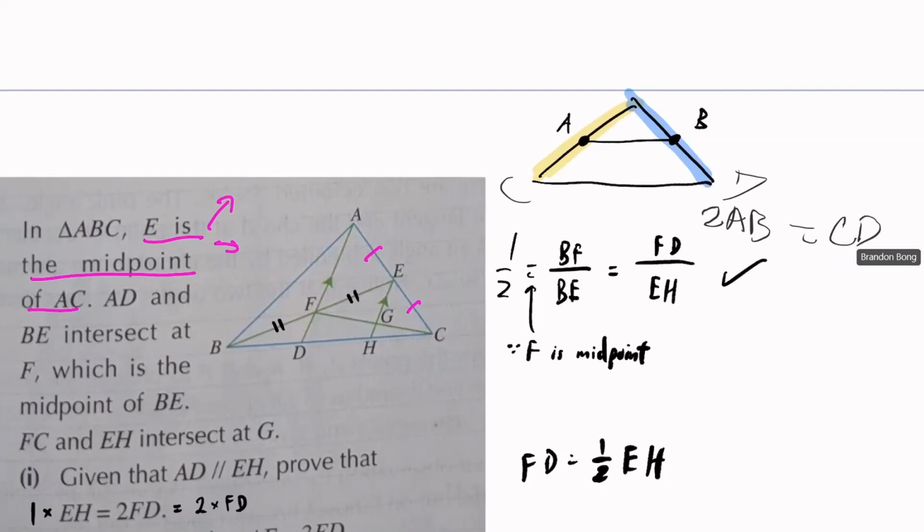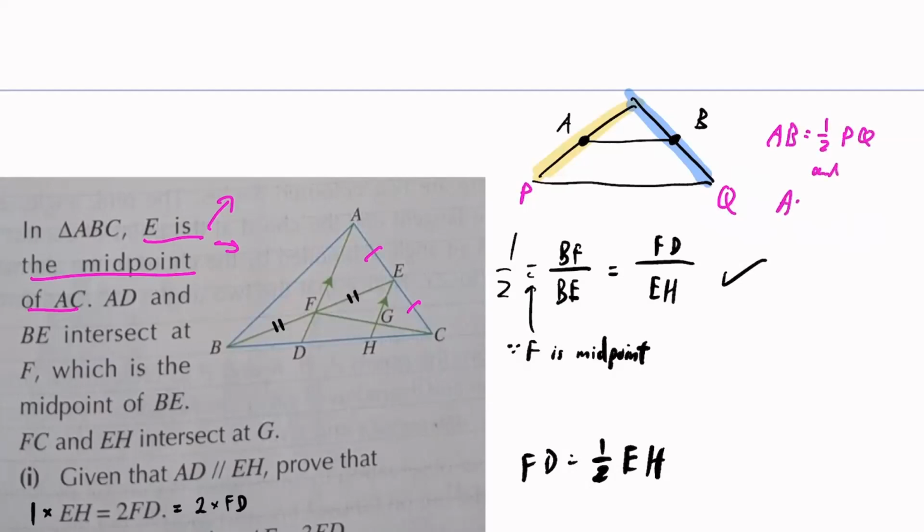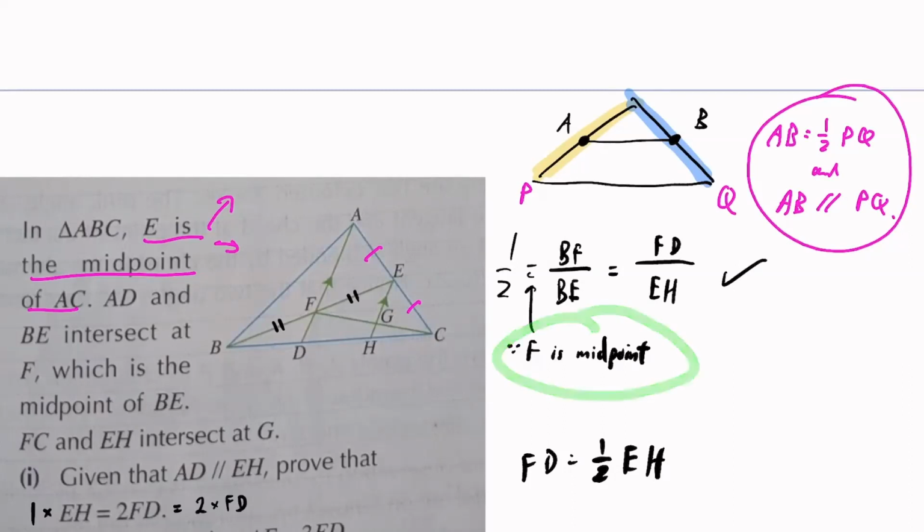Then the conclusion is, if I give it a few more names, AB equals half of PQ, and AB is parallel to PQ. These are the two conclusions you can make from midpoint theorem. Here, this is not midpoint theorem, it's just because it is midpoint, the definition of midpoint, halfway.